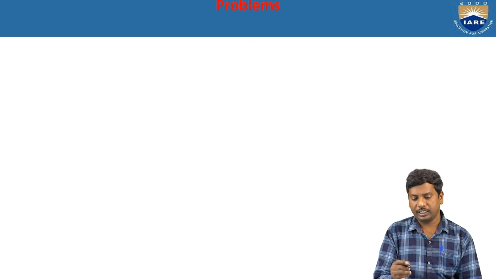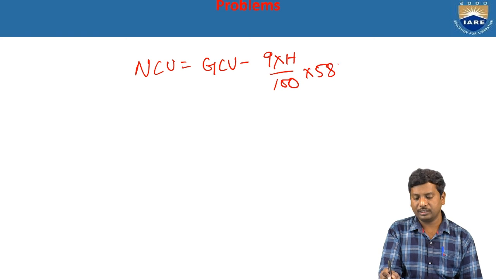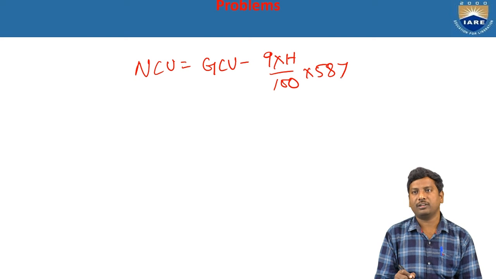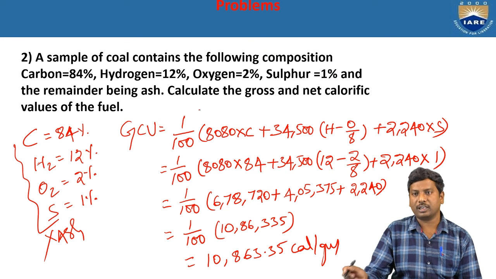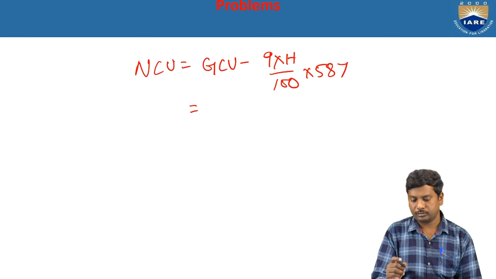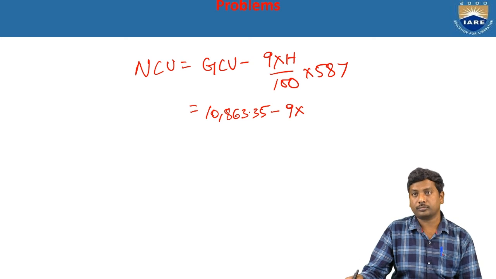Next we see net calorific value, that is NCV is equal to GCV minus 9 into hydrogen by 100 into 587. What is the GCV value in previous slide? 10,863.35. 10,863.35 minus 9 into hydrogen.